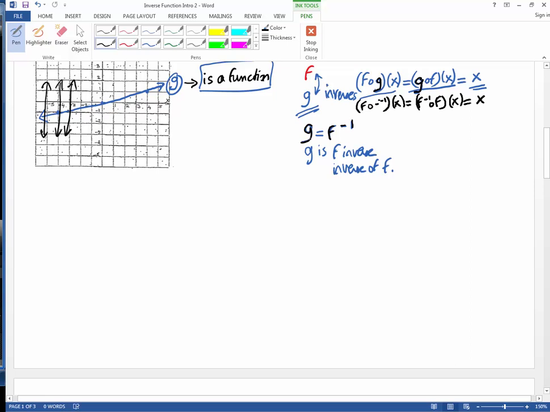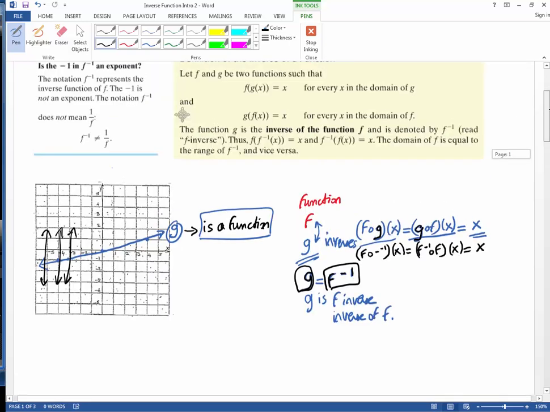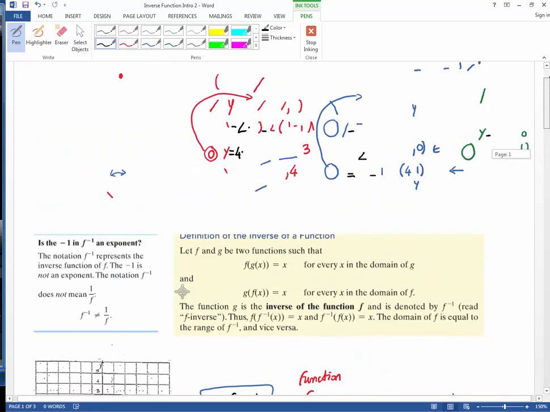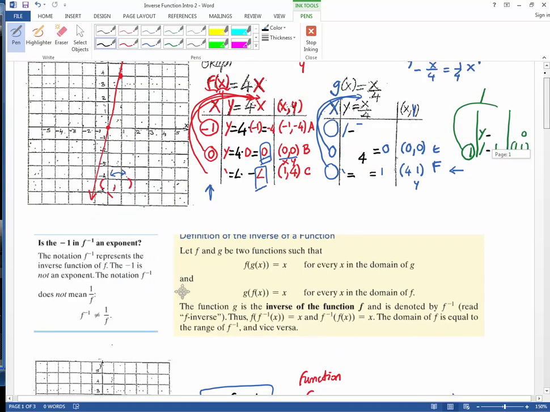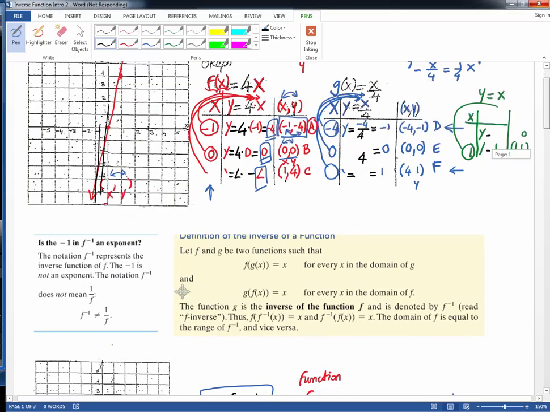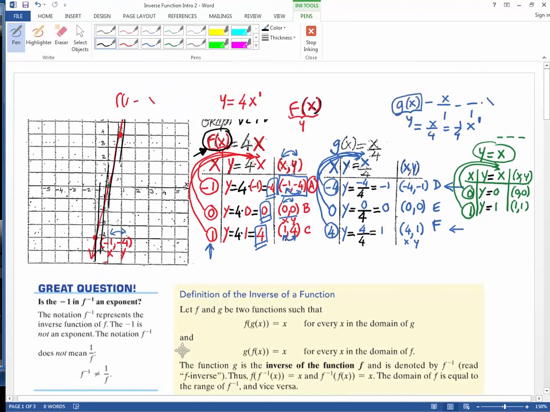So everywhere you see a g, you are free to write f inverse. So notice that f and g, what did they do? They swapped x's and y's. Do you remember, any point you pick, you can swap the x's and the y's.